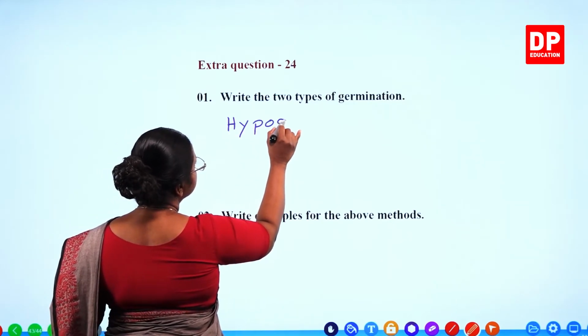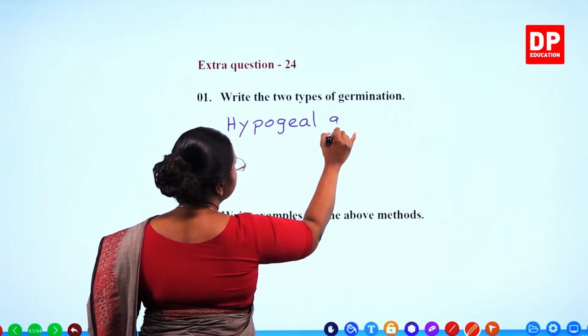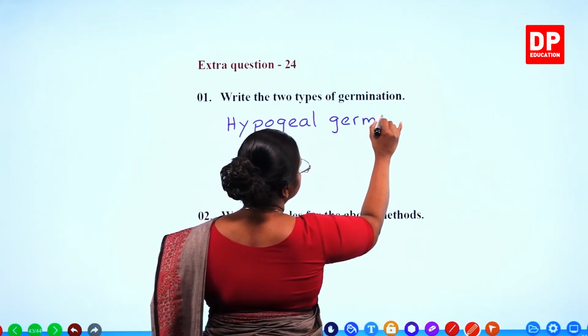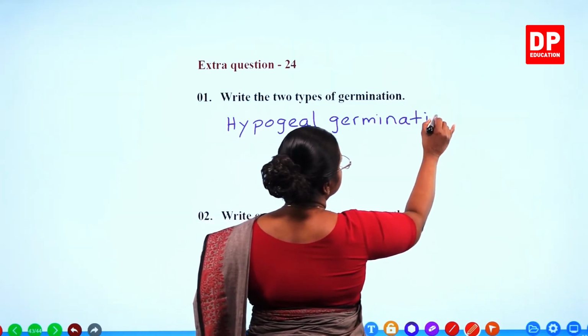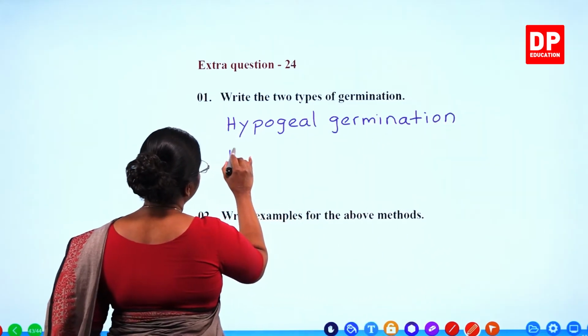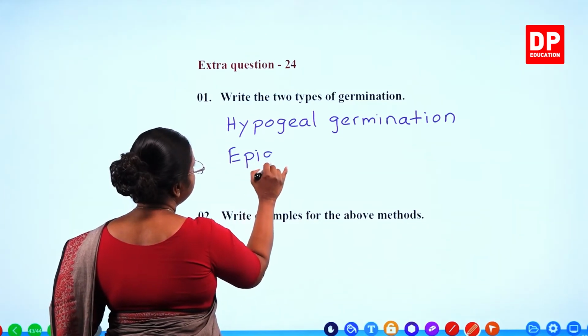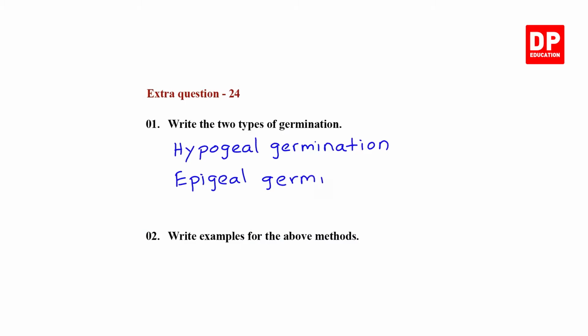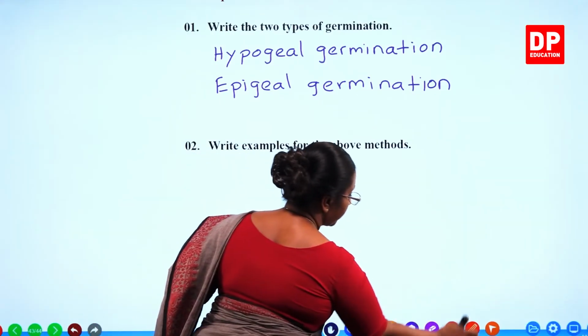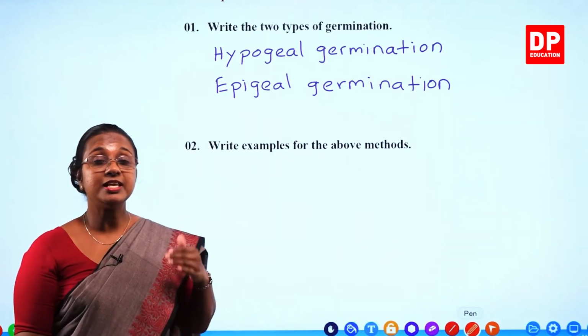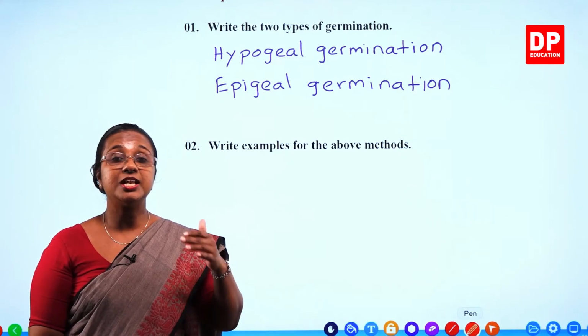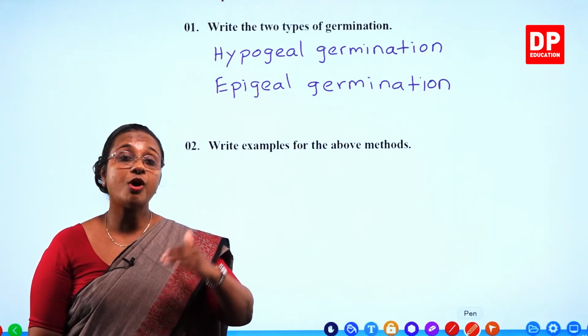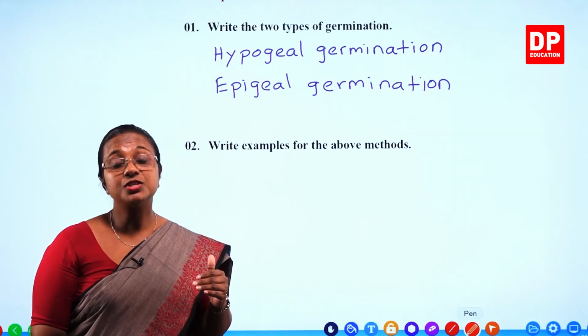Hypogeal germination and epigeal germination. Then, if you can remember, students, in hypogeal germination, the cotyledons do not come above the surface of the soil.